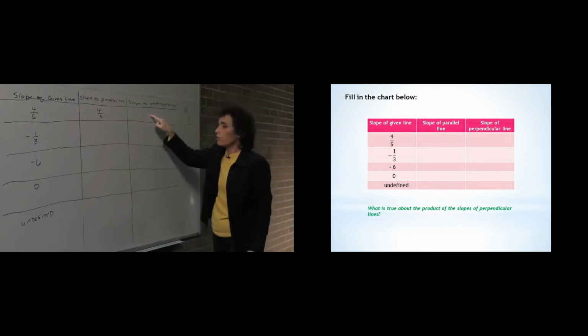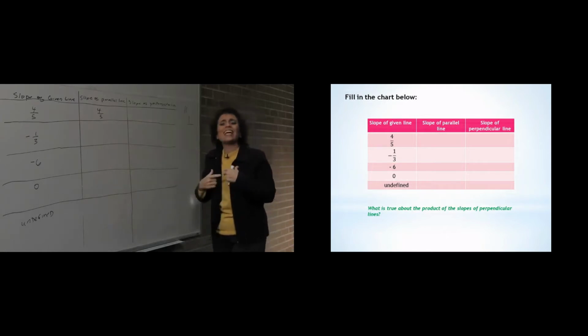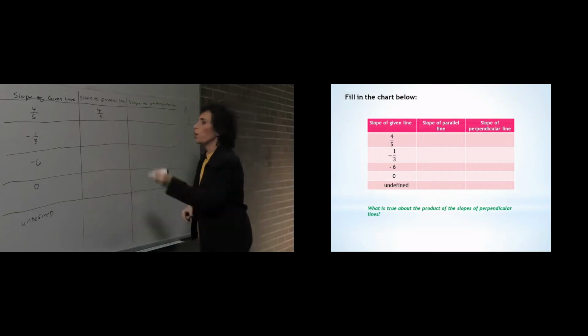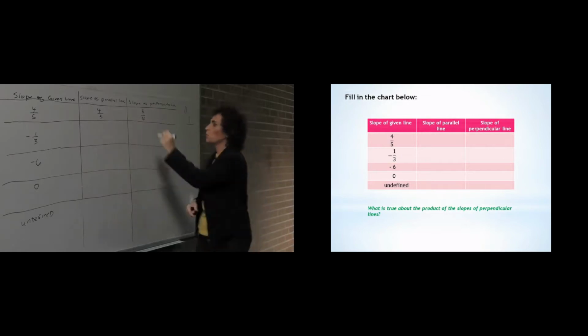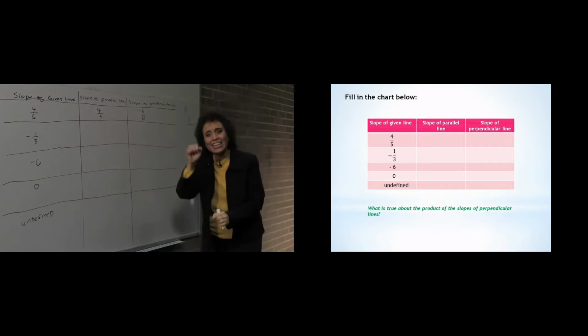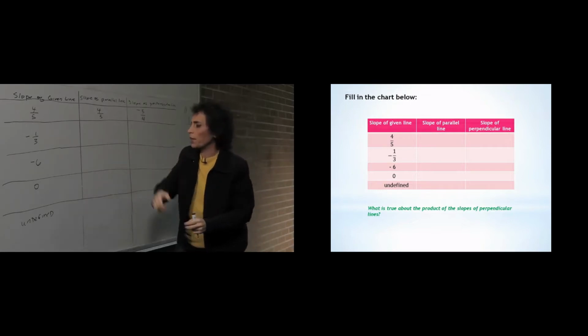Now, if I have a slope of 4/5, the line that is perpendicular to me has a negative reciprocal slope. So I have to flip the numerator with the denominator and denominator with numerator, and I get 5/4, but I have to change the sign. Negative reciprocal, different sign, flip, change numerators and denominators.